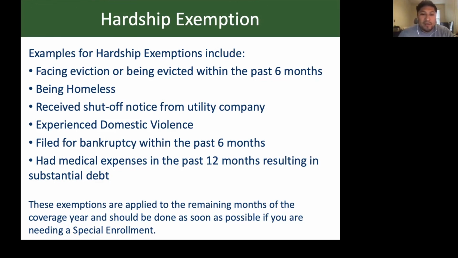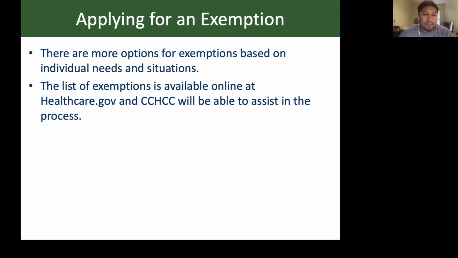So these are situations where you might qualify for a special enrollment due to change of income, change of zip code, things like that. There are other exceptions based on the individual needs and situations, and we can give you a more extensive list and go over your special circumstances and see if this is something that you should pursue, and we can help with those processes as well.